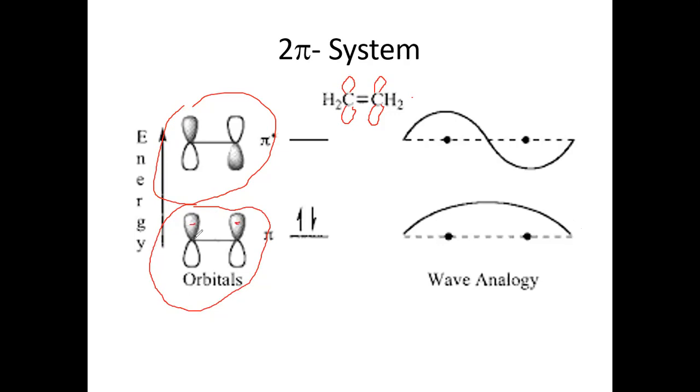The color is indicative of the sign, so they are both basically shaded. That means they both have the same sign, so this is going to be constructive overlap. That means this is going to be a bonding orbital.